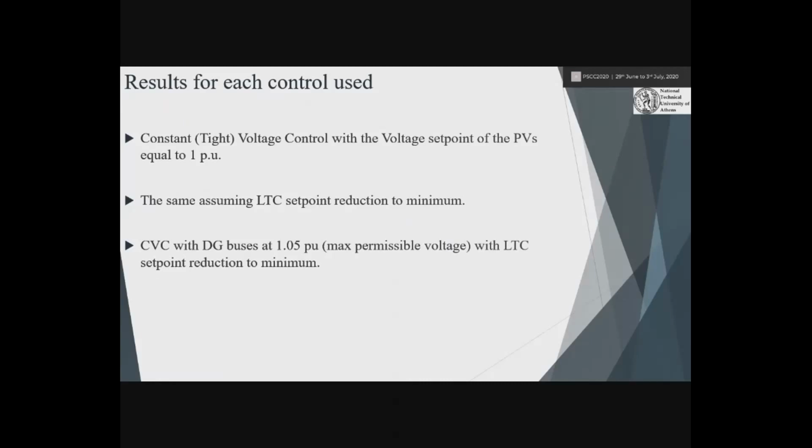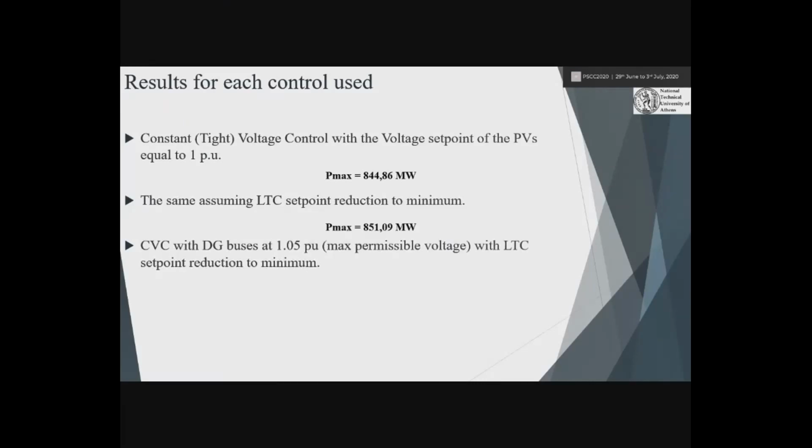For these last three simulations, we assumed the constant voltage control, setting the set point of the PVs equal to 1 per unit, obtaining a slight increase in the maximum power transfer. Then we did the same assuming an LTC set point reduction to the minimum, obtaining an even greater maximum power transfer for the area of Peloponnesus.